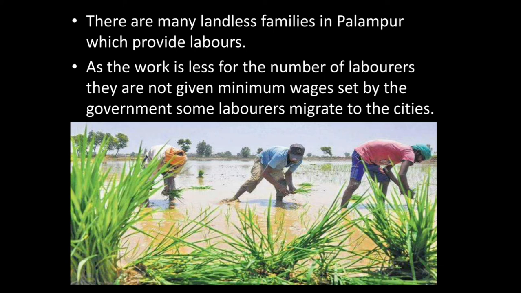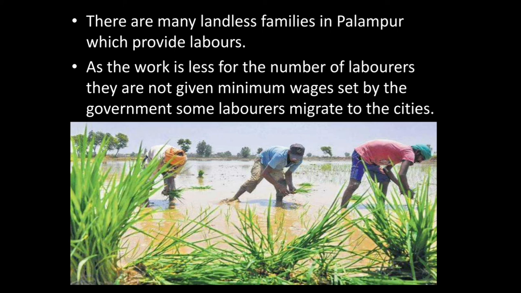The farmers who do not have their own farming land but still practice farming often provide their labor to medium to large scale farmers. As the work is less for the number of laborers, they are not given the minimum wages set by the government. Some laborers migrate to the city in order to avoid such situations.